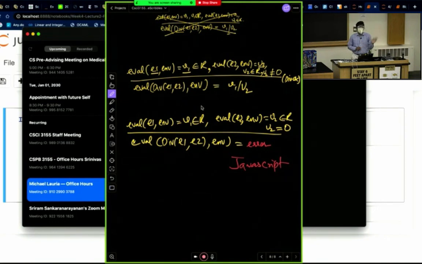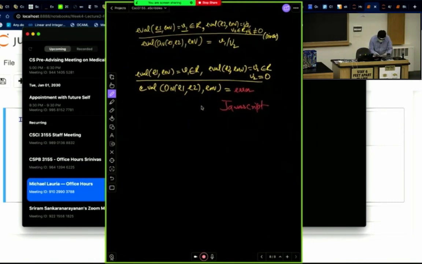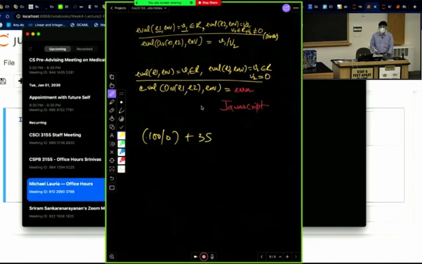All your previous rules have to be modified. Why do they have to be modified? Because if evaluating an expression can produce an error, then you have to say what happens if I try to add error to 15. What happens if I have an expression like 100 divided by 0 plus 35 in my program?